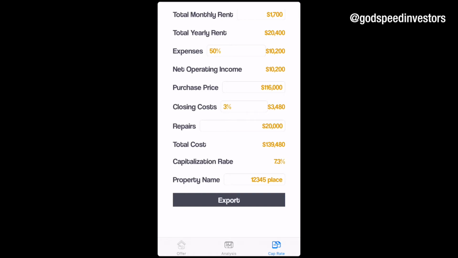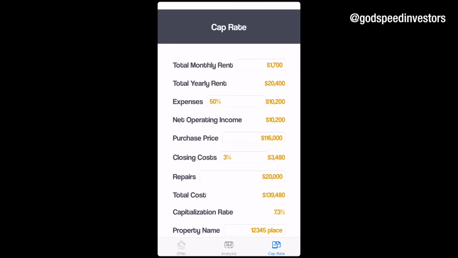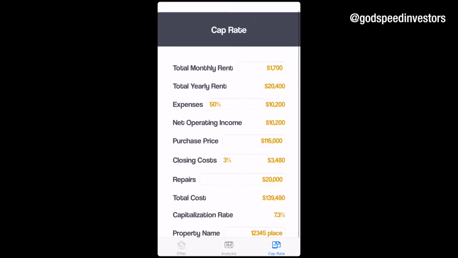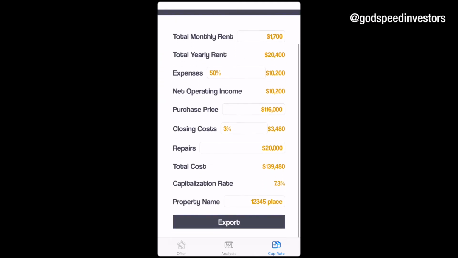Boom, just emailed it to myself. Awesome. So now on the fly, you're at somebody's house, you're at somebody's kitchen table, you're at somebody's office, and you just figured out the numbers and you don't want to lose it. You email it to yourself, and now it's forever in your email, and you just make sure that the title of it is in the subject line. Perfect. And forever you have it there.